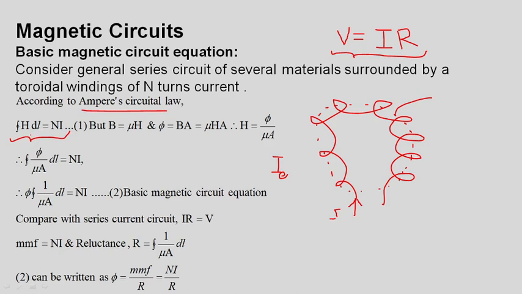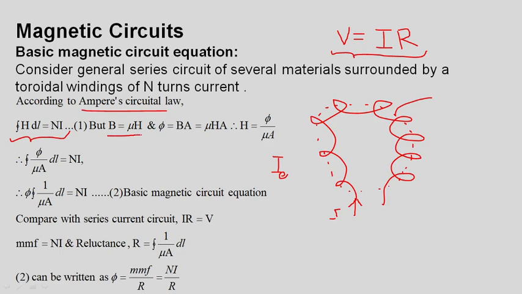I simplified and wrote here the line integral of H dl. Actually it is vector H dot vector dl, which is H dl cos theta. Theta here is 0 because the direction of H and the direction of dl are both tangential to that Amperian loop.